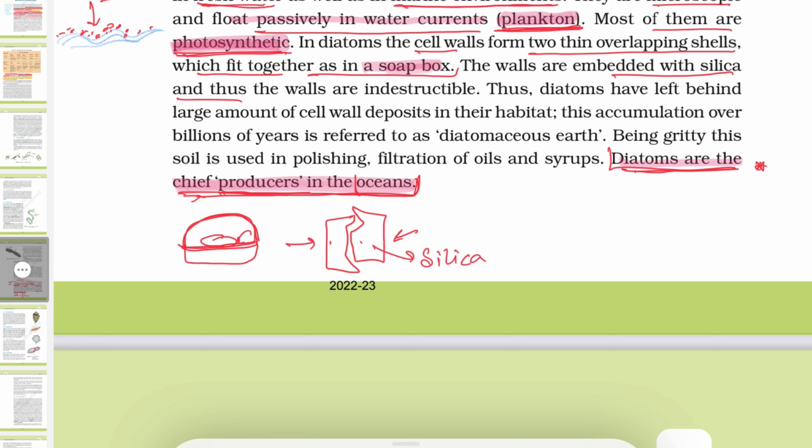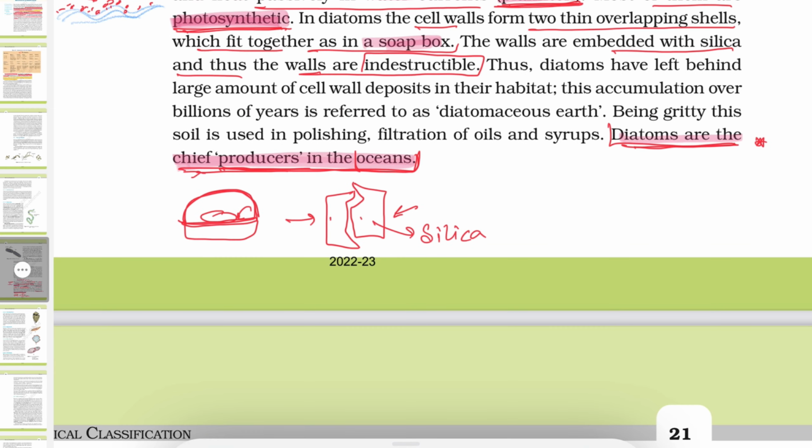Because of the presence of silica, these cell walls are indestructible, meaning they cannot be destroyed by decomposers or some other organisms. As they are indestructible, when diatoms die, they leave behind a large amount of cell wall deposits in their habitat.